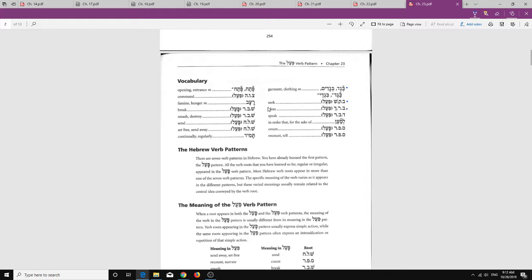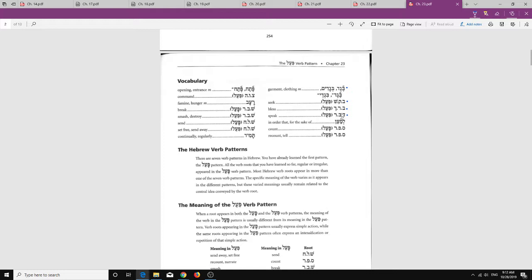Berek is bless, so this is bet resh kaf, bless. Maybe a good way to remember this, I'm not making any political statements, but just identifying the name of a politician, Barack Obama. Barack comes from this root, which means bless.